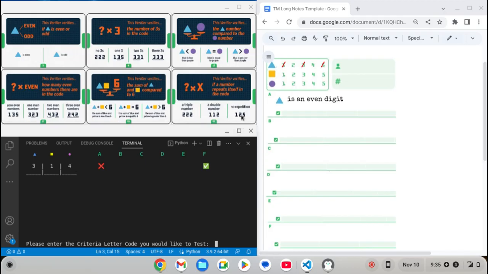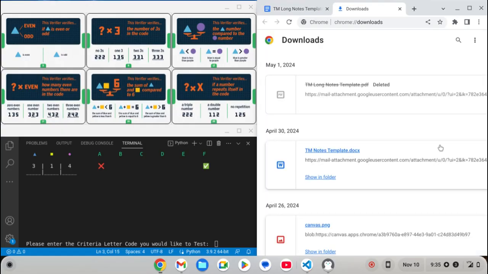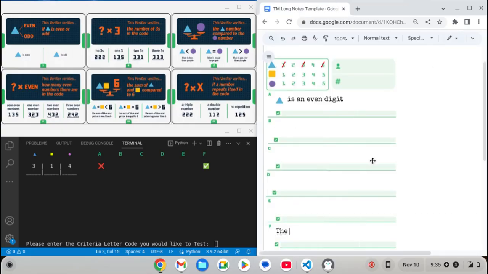And so criteria card F is letting us know that the solution should have no repetitions. So let's go ahead and type that up in section F. So we'll say that the solution has no repetitions.